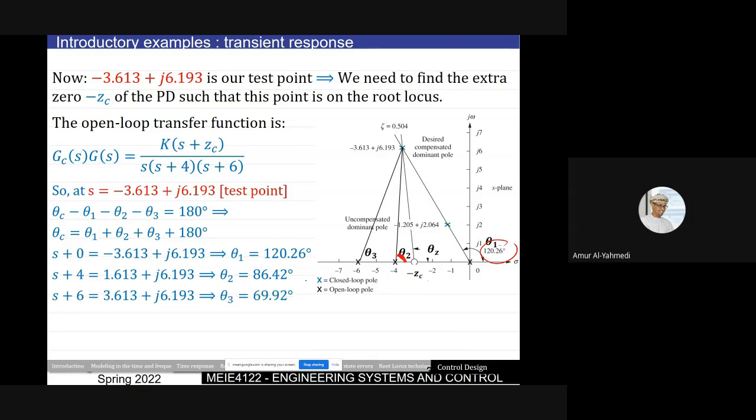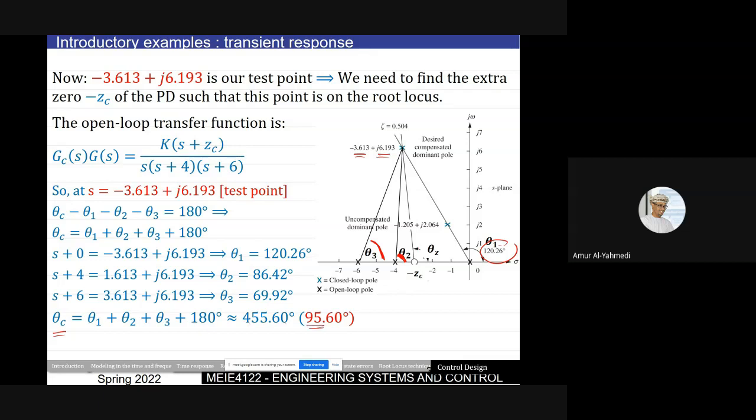And then you can calculate theta 3, this angle. It is tan inverse of this length, 6.93, divided by 6 minus 3.6, the position of this point. So you can get the angles very easily. If you add this up, you will get 455, which is 95.